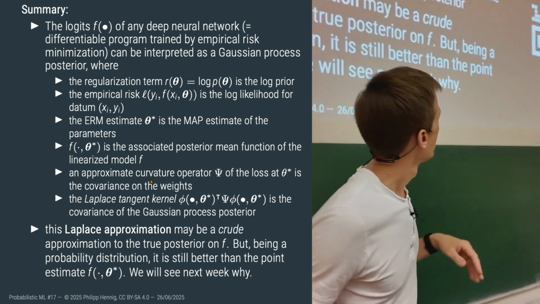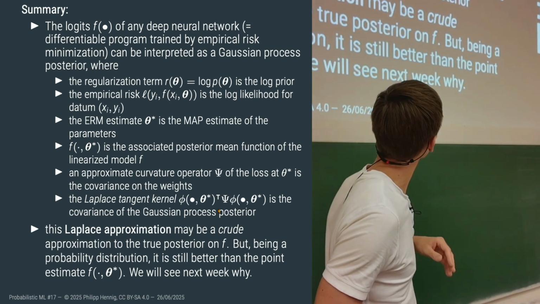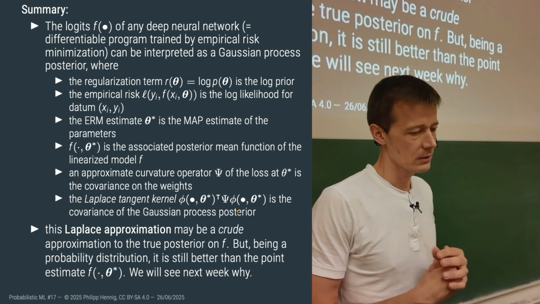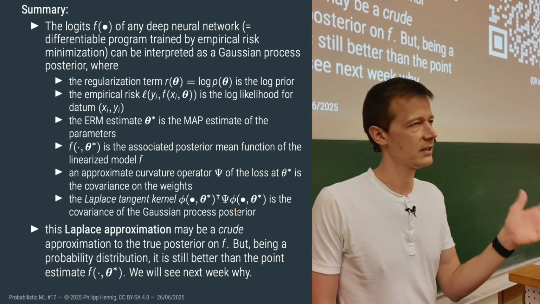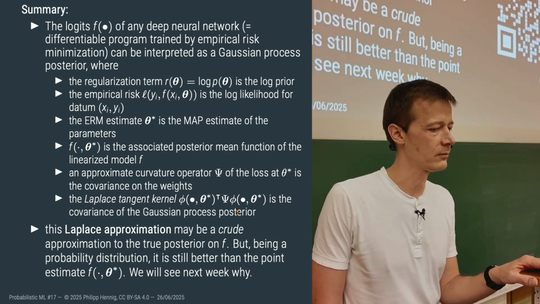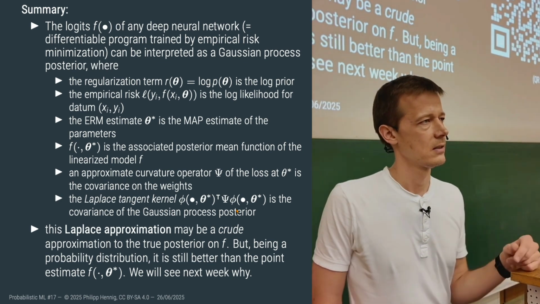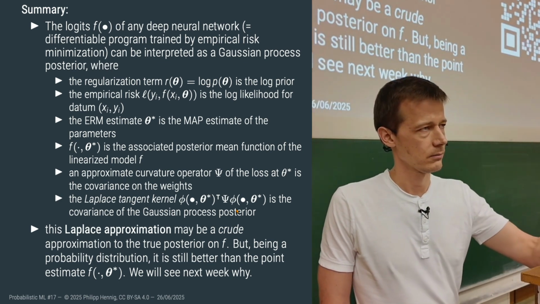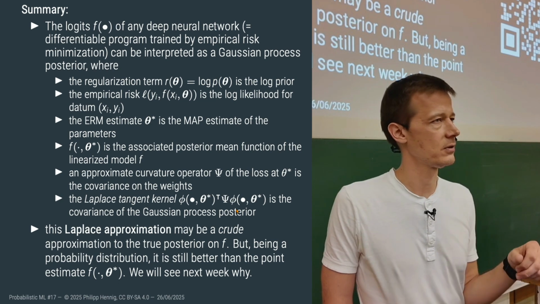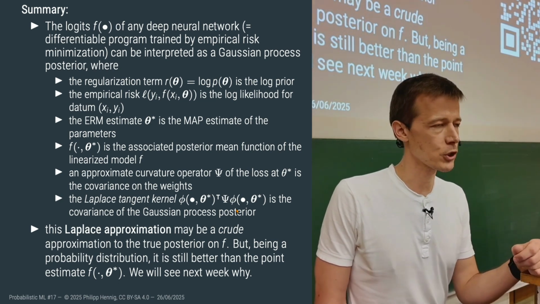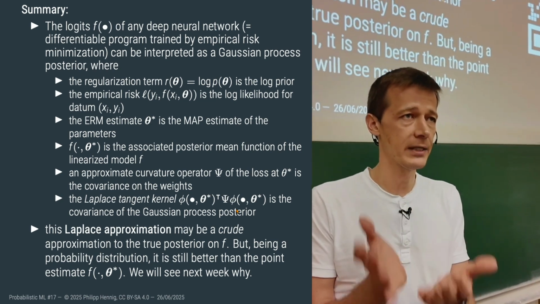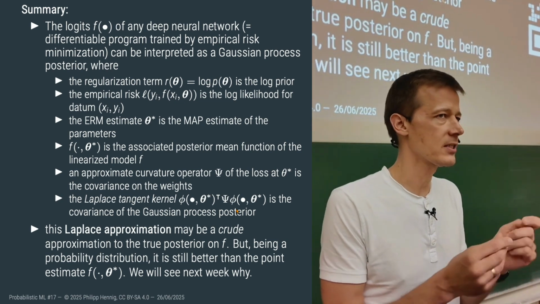And by mapping through the logistics, we get a kernel that is called the Laplace tangent kernel. I'll tell you on Tuesday why it's called that way, that associates this model with a Gaussian process uncertainty on the outputs. And then I showed you that it's even possible to write code that does all of this. It's not just a piece of math.